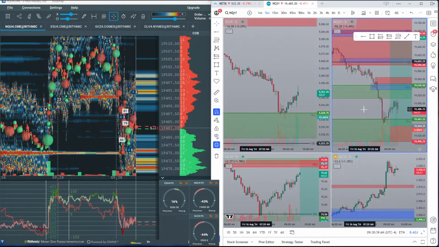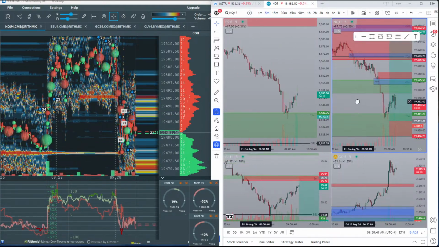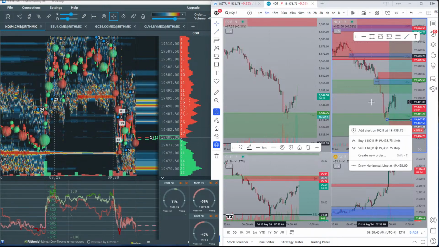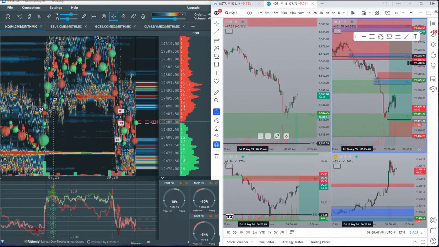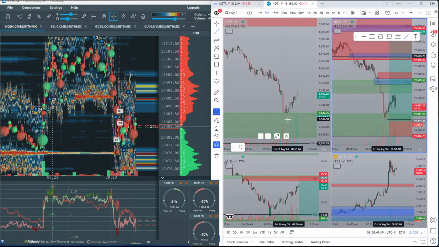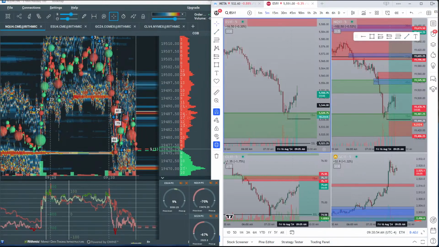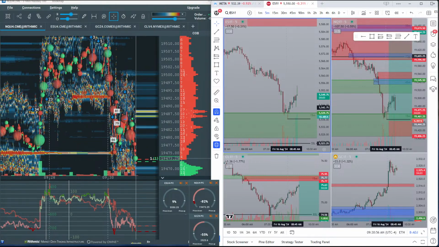I'm on the 15 right now, look at the 5. So right now the liquidity is sitting right here. I want to see if we can break that low on NASDAQ, hold that low on ES. If that's the case, we'll see if ES hits demand. We'll take ES long, because ES will be the bullish divergent one.